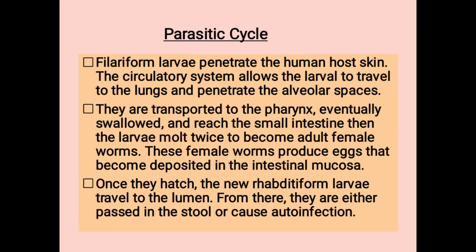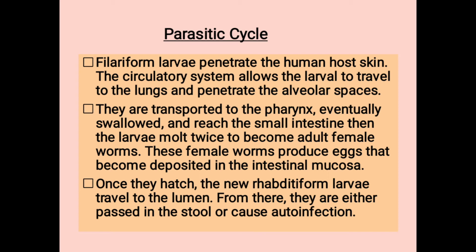And its parasitic cycle begins when the filariform larvae penetrate the human host's skin. The circulatory system allows the larvae to travel to the lungs and penetrate the alveolar spaces. They are transported to the pharynx, eventually swallowed, and reach the small intestine.